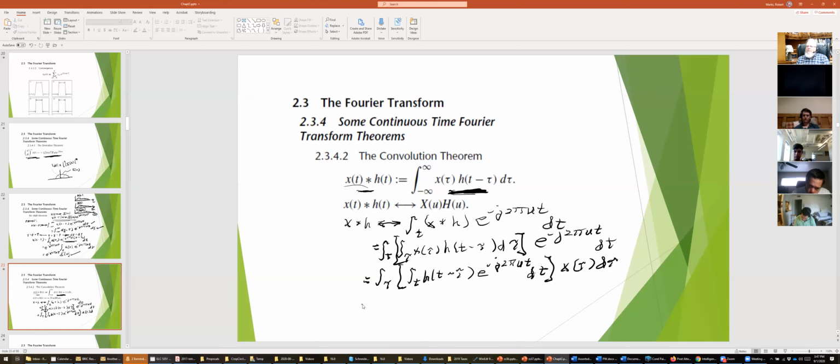This is really great because now we can apply a theorem that we've seen before. What is this recognized as? This is recognized as the Fourier transform of a shifted h.